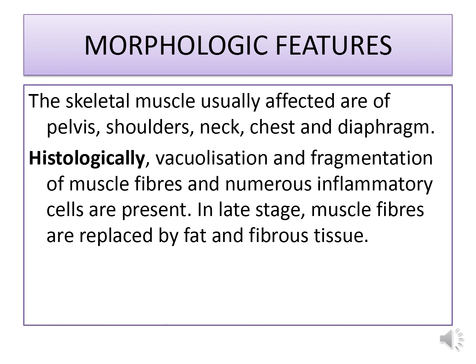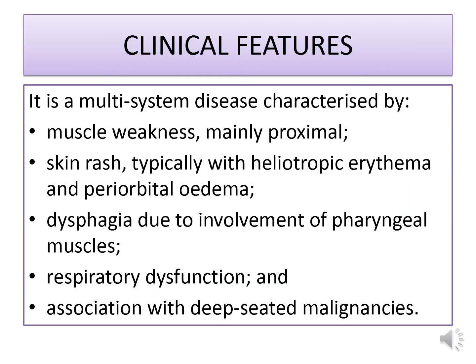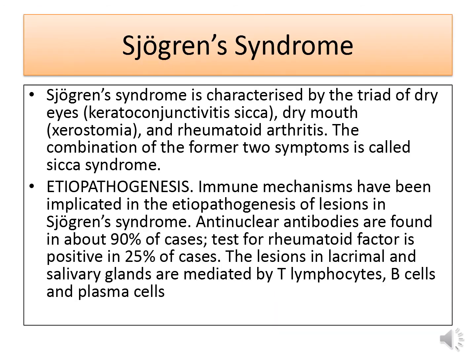Histologically, we see vacuolization, fragmentation of muscle fibers, and inflammatory infiltrates. Various examples of histological features, including infiltrates within the fascicle or around the fascicle, atrophic changes, and various vessel pathology.